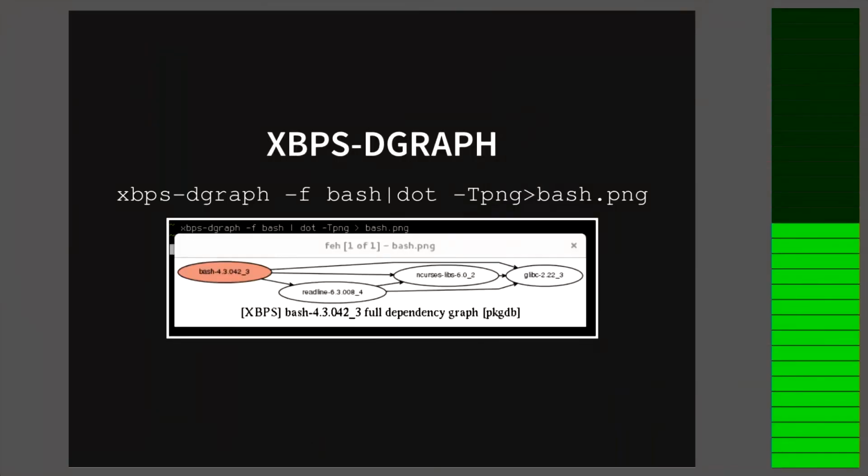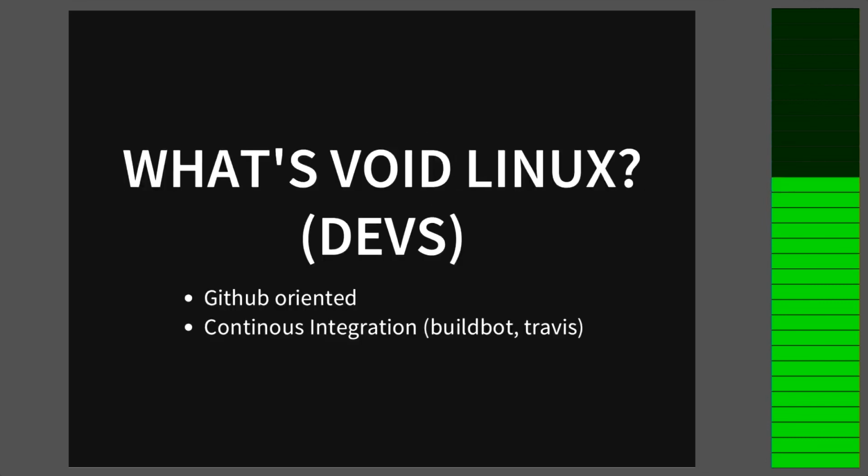You can see Bash is quite low on its dependencies. Fun fact: if you do a GNOME dependency graph, the PNG of the dependency graph is about 30 megabytes big. I have no time.